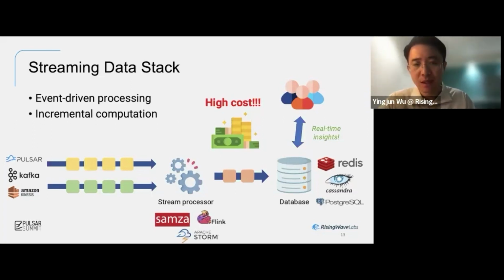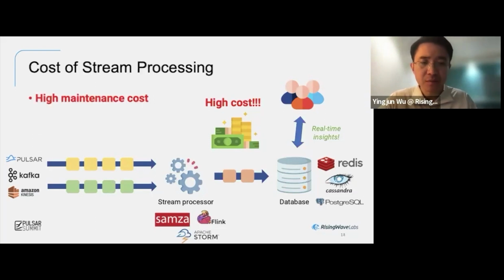And why? I can explain it from 3 dimensions. The first one is the high maintenance cost. As I mentioned, if you want to support such a streaming data stack, you need not just a message queue such as Pulsar or Kafka. You also need a stream processor, right, such as Flink.